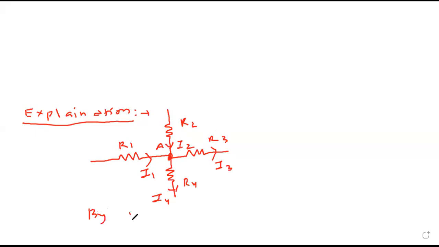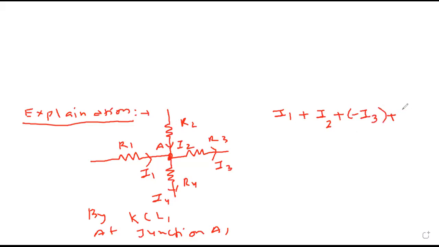By Kirchhoff's current law at junction A, the total will be 0. Is I1 entering or leaving at A? I1 is entering, so it is positive. I2 is also entering, so that is also plus. I3 is leaving, so it is minus. I4 is leaving, also minus, but the total algebraic sum is zero. Followed this? Yes, sir.